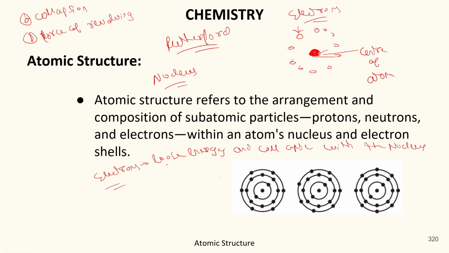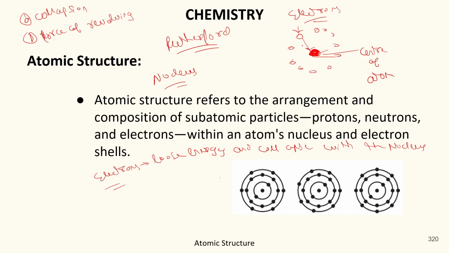If something is continuously revolving around something, then after some time the revolving body will lose energy and collapse into the center. But generally in atoms it does not happen.